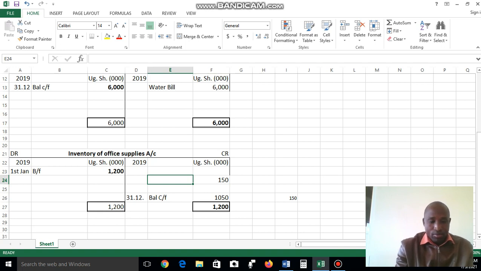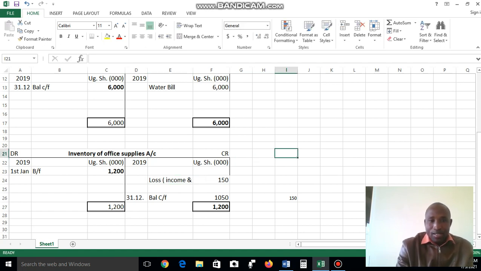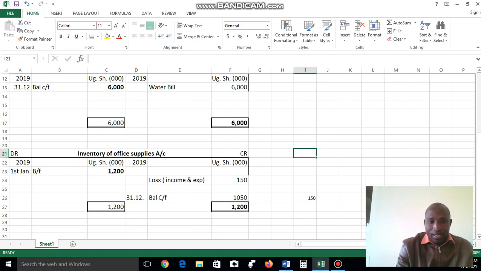That is a loss which must be taken to income and expenditure. So this loss in value of inventory will be taken to the income and expenditure.